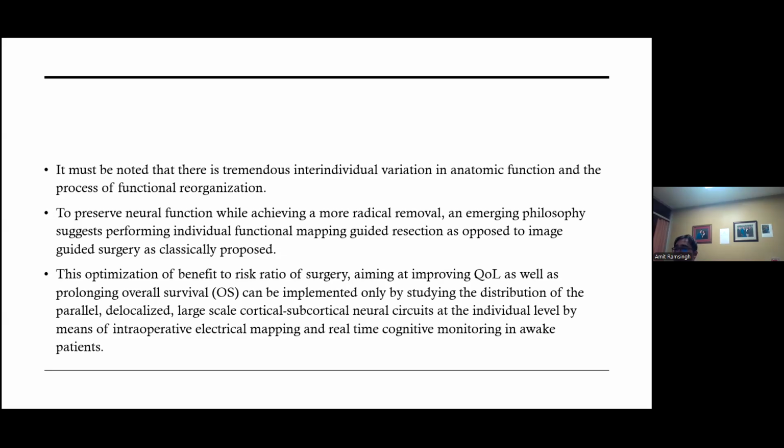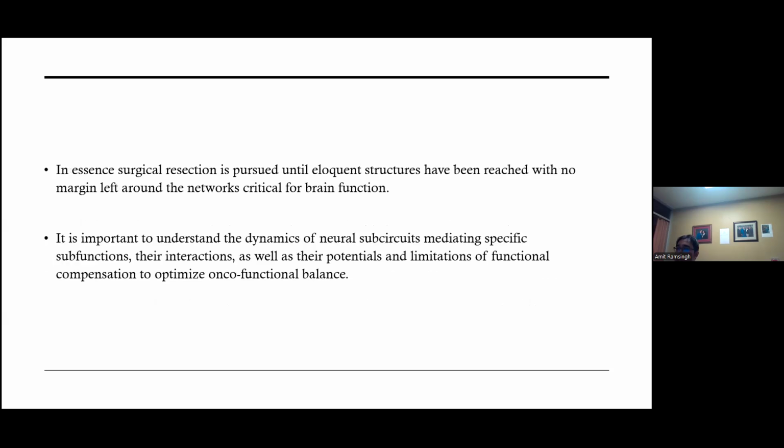So this optimization of benefit to risk ratio aims at improving quality of life as well as prolonging overall survival. And it is only by studying the distribution of the parallel and delocalized large scale cortical or subcortical neural circuits at the individual level that we're able to map these lesions in real time.